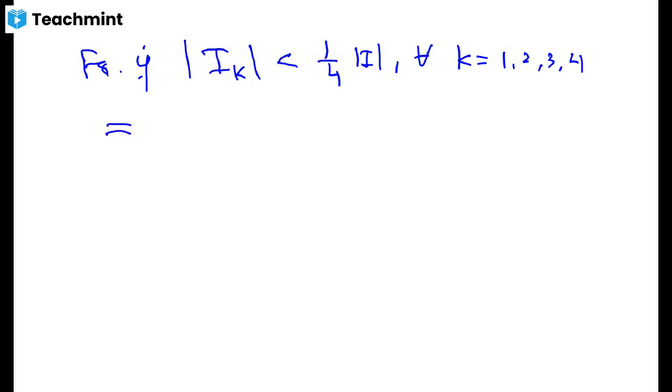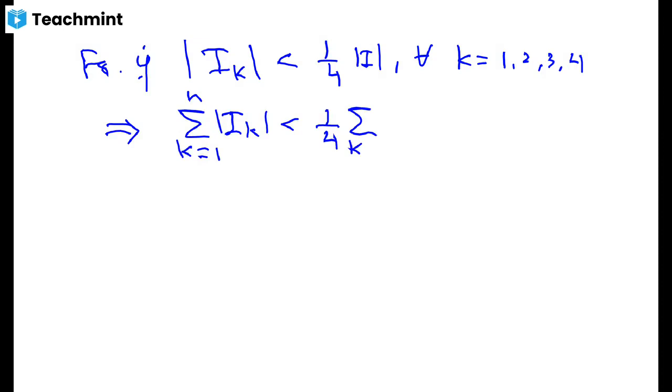So this implies that if you take the sum over all these k's, you will have the sum of mod of Ik, k from 1 to 4, is less than the sum over k from 1 to 4 of 1 by 4 of mod of I. So what is this thing?